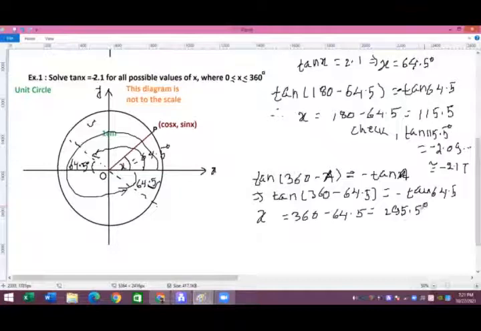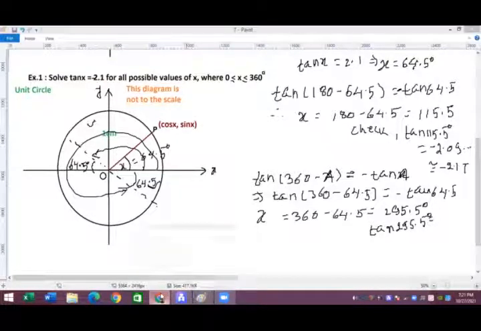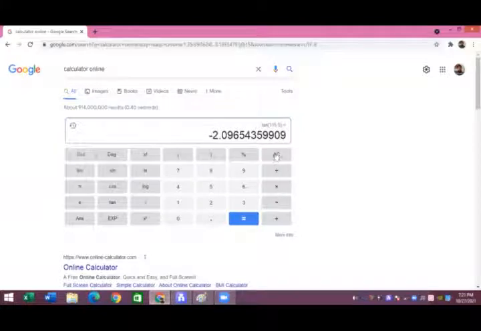295.5 degrees. And you must check whether or not tan 295.5 degrees is minus 2.1. So let's go back to the calculator. In the calculator, this is tan, we are checking this tan, and then 295.5.